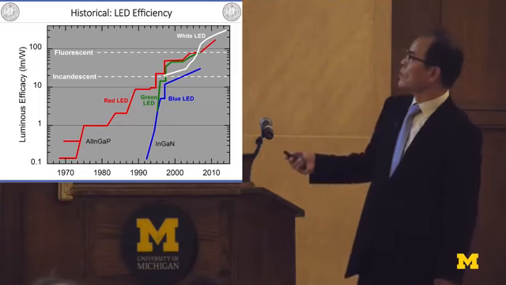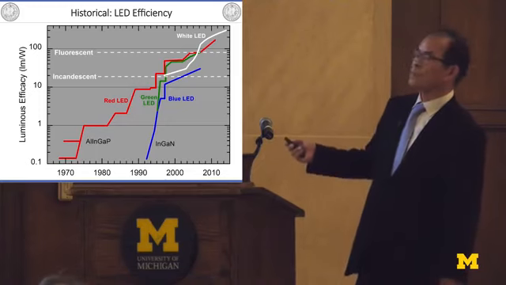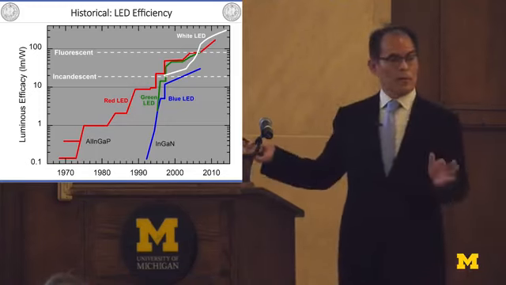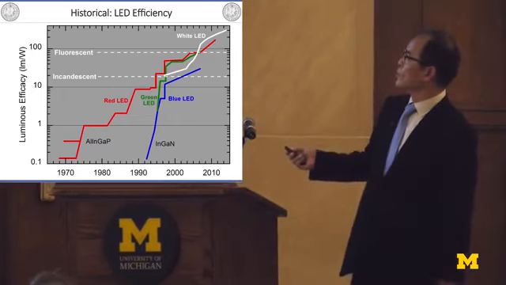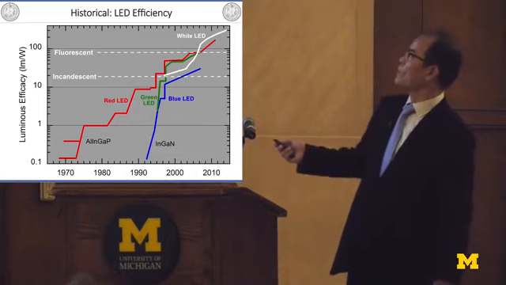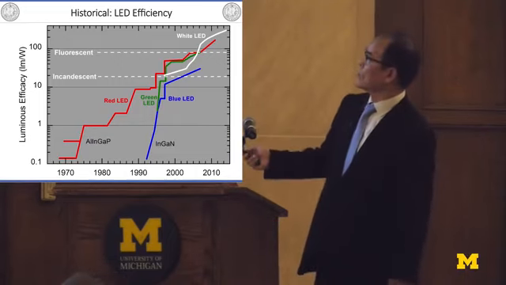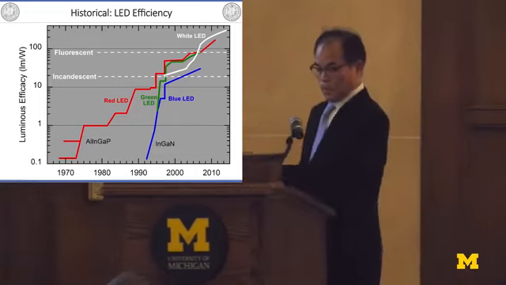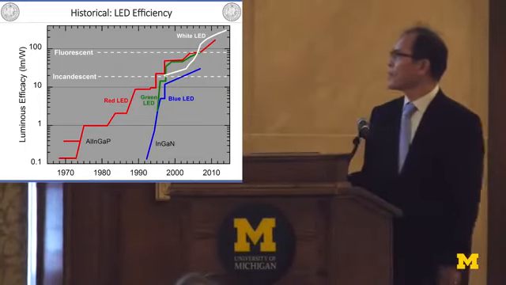So since '95, three primary color LEDs were available, and we could make any kind of color, and this is the white LED.